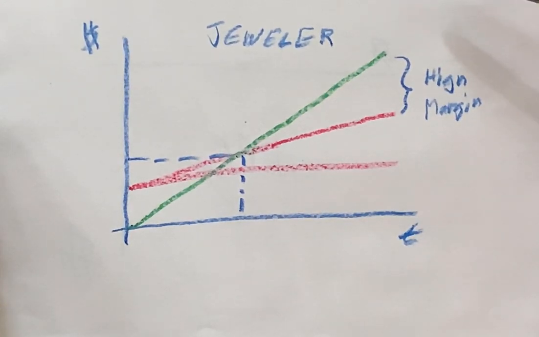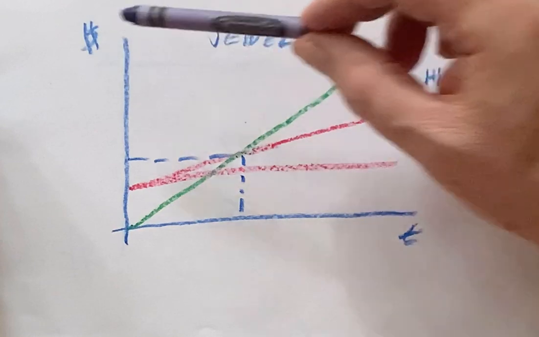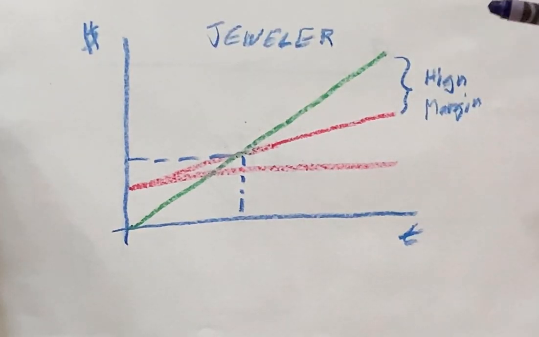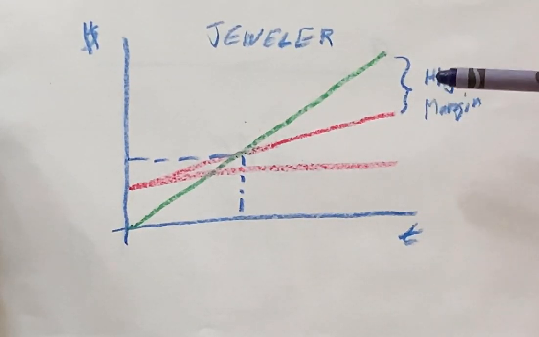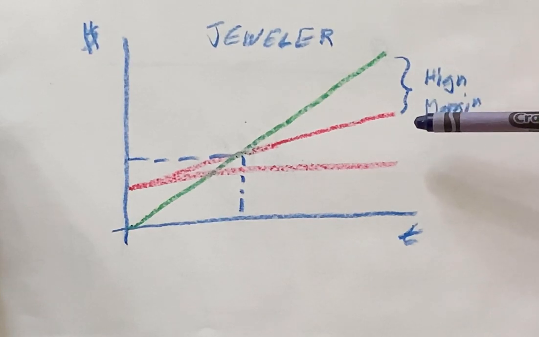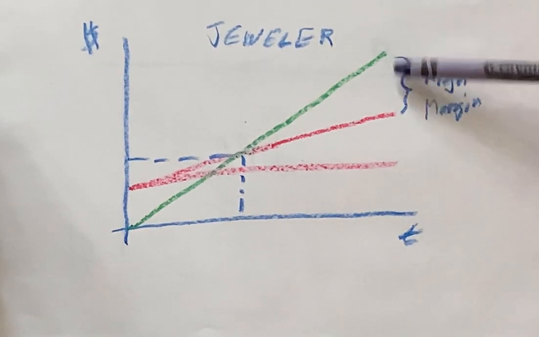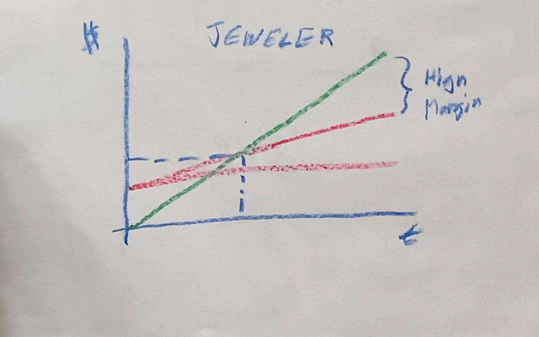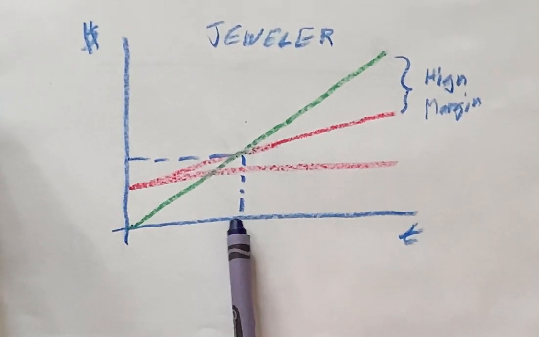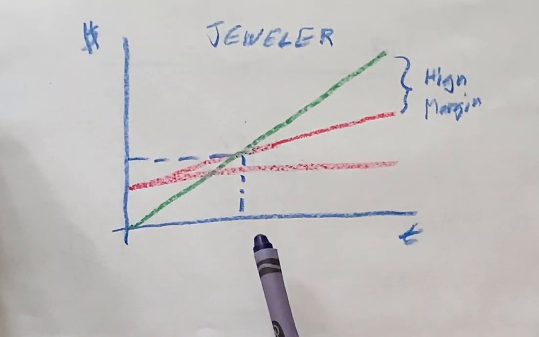They don't sell as much. And so to get to the same dollars in the same time period, they might not have to sell as much and can't expect to sell as much as the grocer, but they have such a high margin that it compensates for that. Notice that their break even may actually come sooner, okay, at a less dollar level and a less time level. So those are the basic essentials.